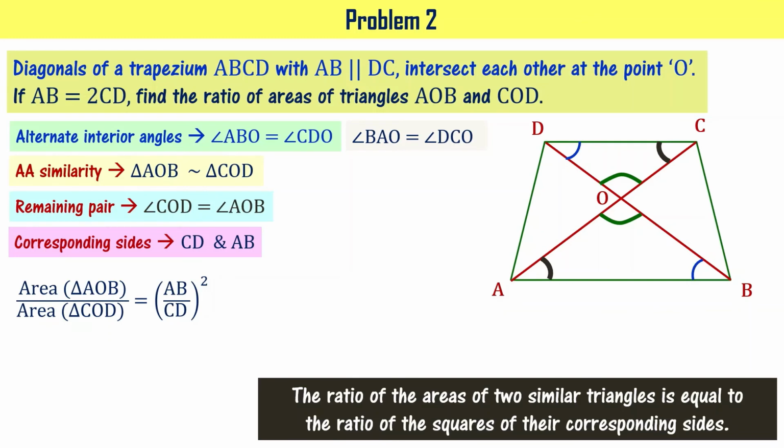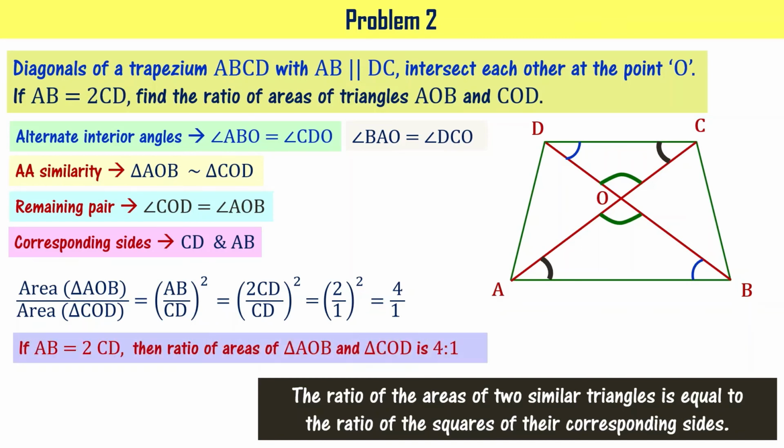It means area of triangle AOB divided by area of triangle COD can now be written as AB by CD whole square, right? It was given in the problem statement that AB equal to 2CD. Let me substitute that now and simplify such that you can get answer as 4 by 1. It means area of triangle AOB divided by area of triangle COD equal to 4 by 1, right? To answer the question, if AB equal to 2CD, then the ratio of areas of triangle AOB and triangle COD is 4:1. Please note this.